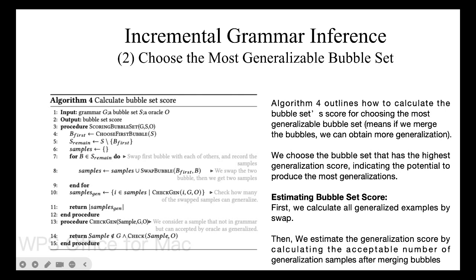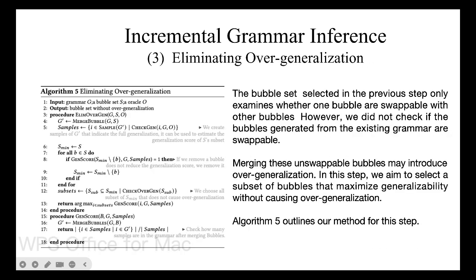Then we estimate the generalization score by calculating the acceptable number of generalization samples after merging bubbles. Before merging all bubbles, we need to eliminate overgeneralization. The bubble sets selected in the previous step only explain whether one bubble is swappable with other bubbles.